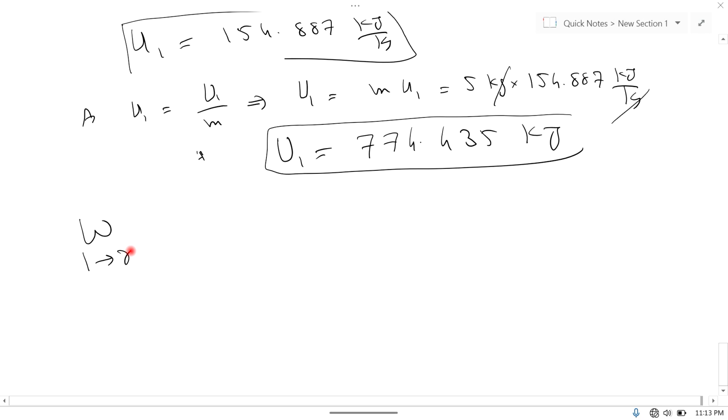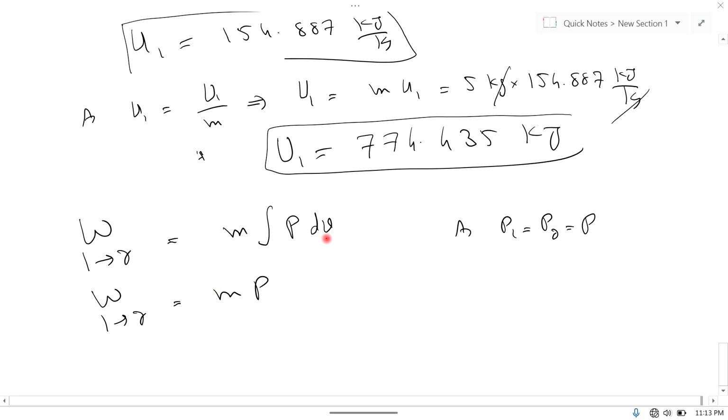So work done from 1 to 2: from 1 to 2 pressure is constant. The equation for work done is minus integral of P dV, which is equal to, as pressure is constant, P1 equal to P2 equal to P, m P integral of dV.